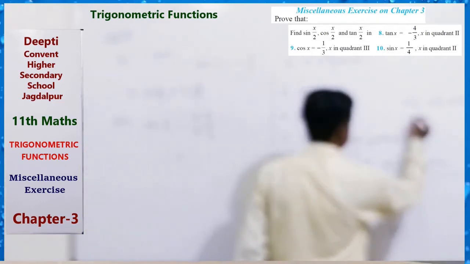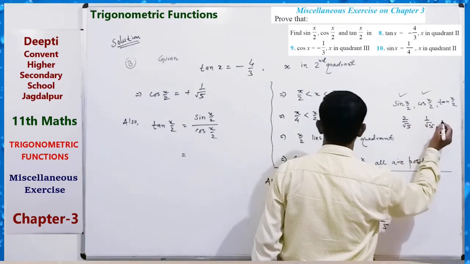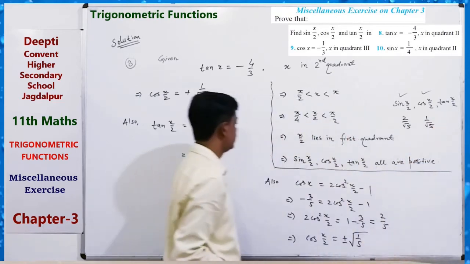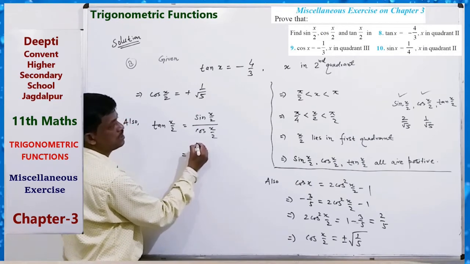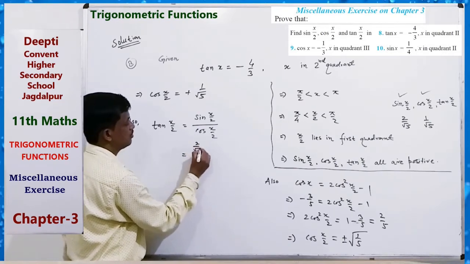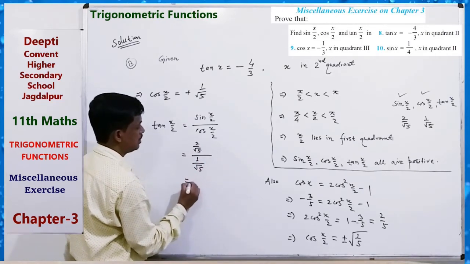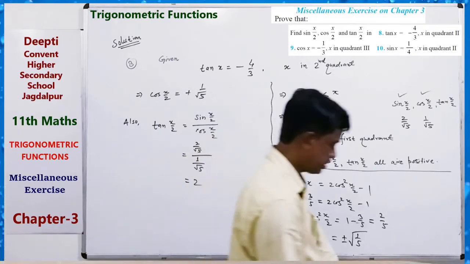This is 2 by root 5 and this is 1 by root 5, and dividing these two, 2 by root 5 upon 1 by root 5, we can write tan x by 2 equals 2. So these are the solutions.